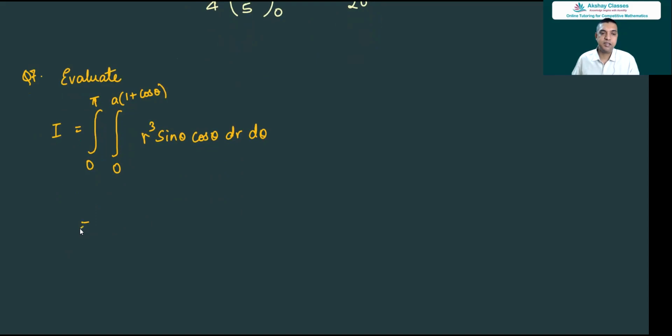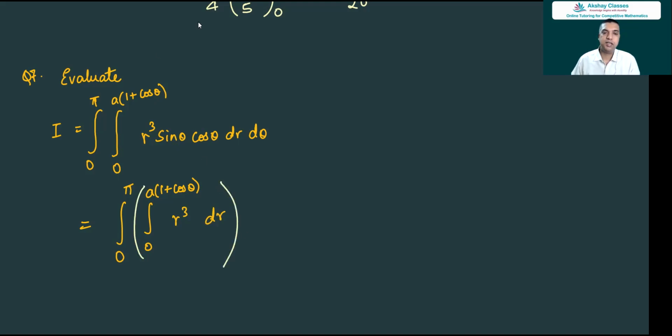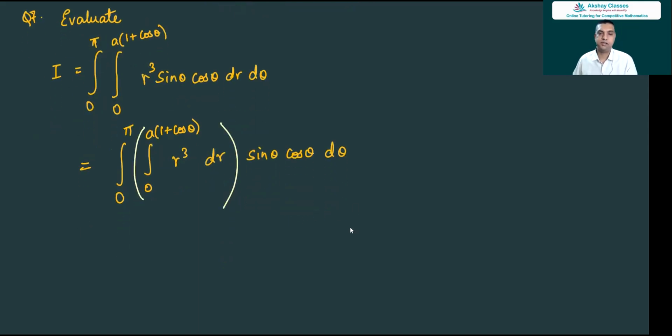So let us integrate that way. Integral 0 to pi, integral 0 to a into 1 plus cos theta, r cube dr, times sine theta cos theta d theta. So let's integrate this.